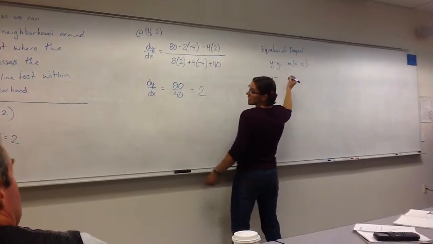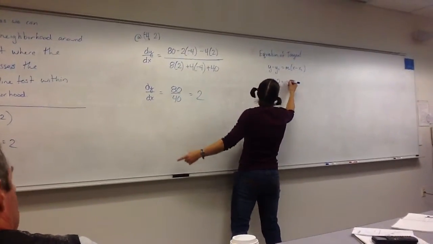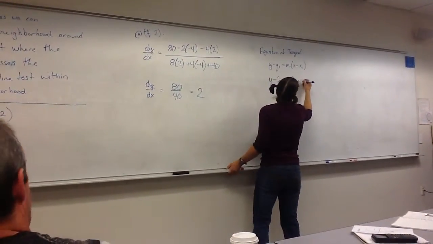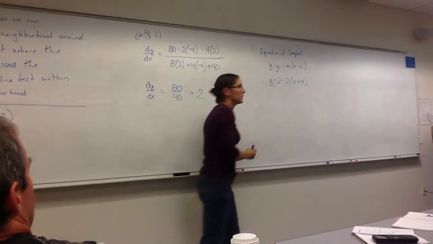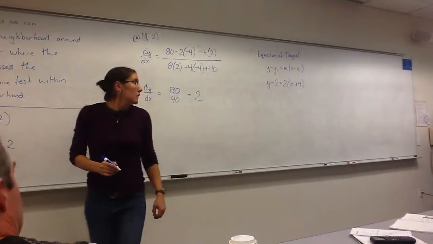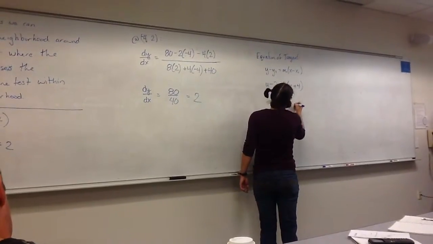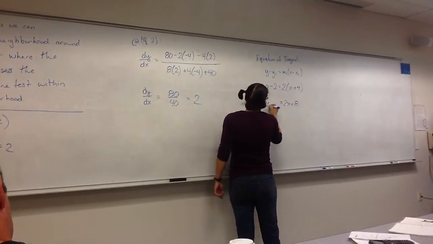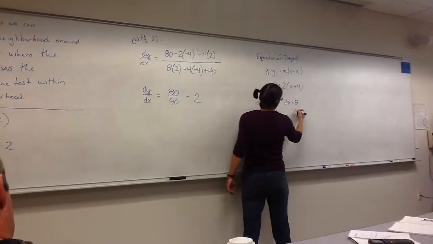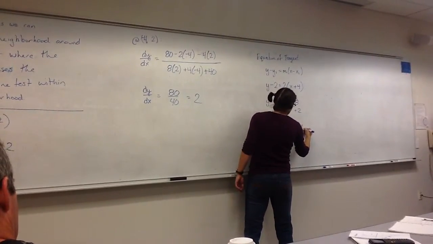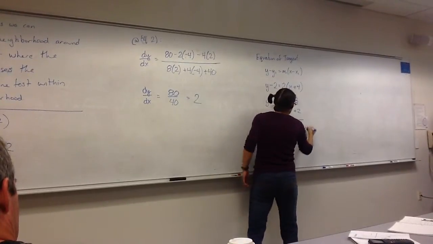So in our case, y minus 2 is equal to slope, which is 2, times x plus 4. We can simplify this, so we've got 2x plus 8 is equal to y minus 2. We'll add 2 to both sides. And our final conclusion is that y is equal to 2x plus 10.